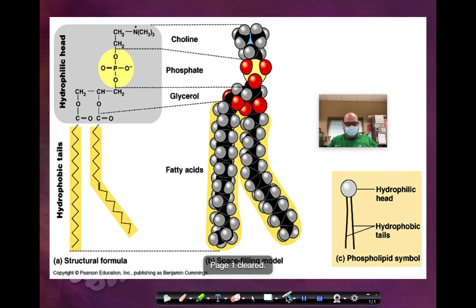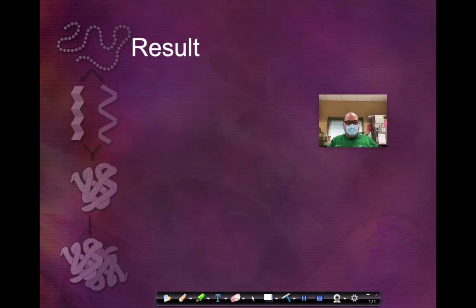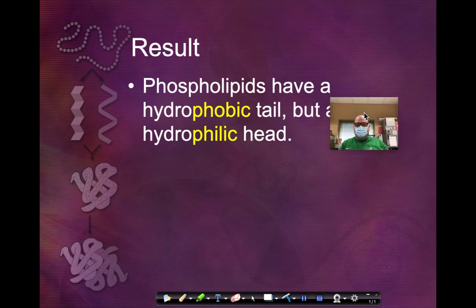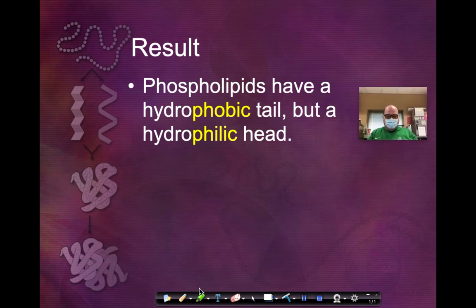All right. So what does that do for us? I already told you what's on this slide, but just to review, it makes that head, you know what, let's draw it with a heart so we can remember. This is just a memory tool. They're not really heart-shaped. The head is hydrophilic, and the tail is hydrophobic. Fats, remember, don't like to mix with water, so they are hydrophobic.